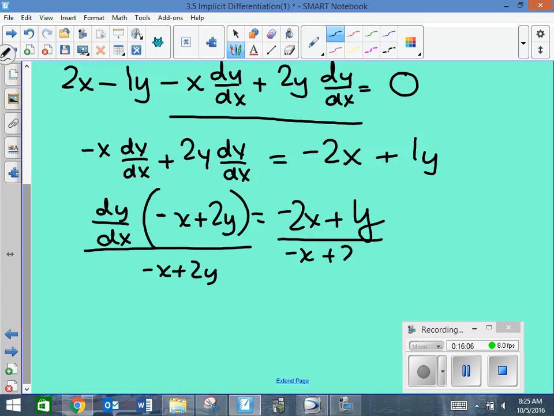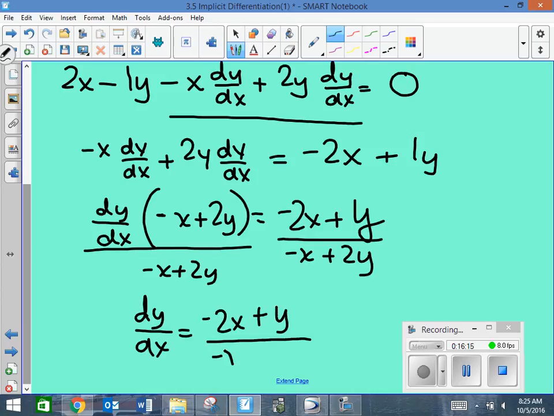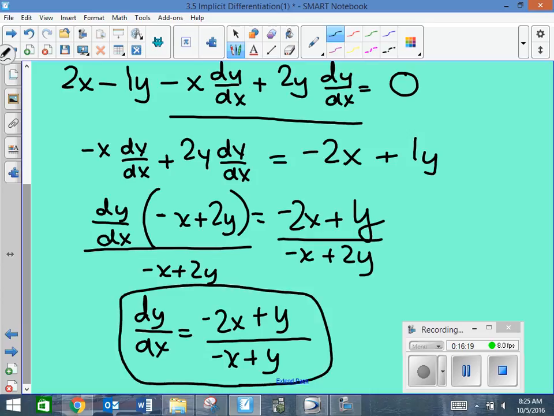Negative x plus 2y is our answer right there. Just rewrite it. Negative 2x plus y over negative x plus 2y. Oh yeah, thank you. You got it.